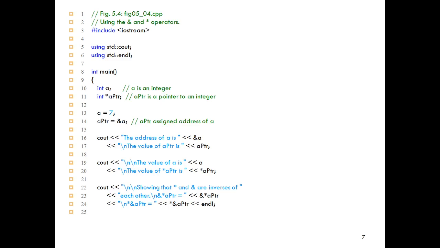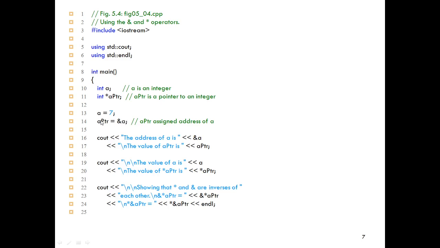Right here we are trying to show the usage of the pointer, so we start by showing one example. They define one integer, and also define another pointer. Now a is equal to 7, and this pointer points to the value of a, so the address of a is assigned to the pointer.